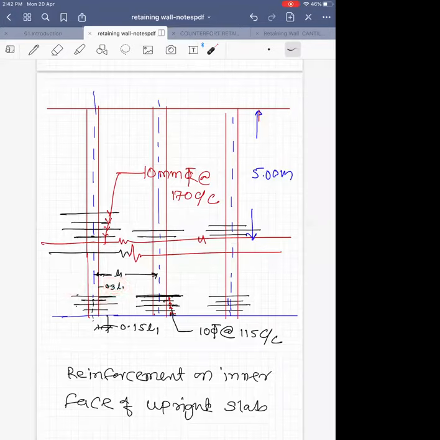This is as per the specification. So we will provide reinforcement on inner face in the form of extra bars, 10 mm at 115 millimeter center to center. So like these bars can be provided.